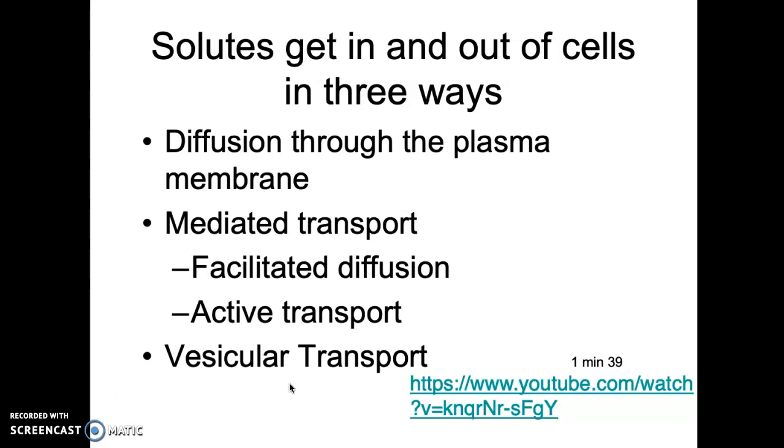If, for example, a white blood cell wants to engulf a bacteria and remove it from your system because it's attacking it, it's part of your immune system, how is it going to get a big bacteria into the inside of the cell? The bacteria is not going to diffuse. You can't use a carrier. You're going to just have to engulf it all and essentially just make it blast through that lipid bilayer and break it apart. And then it'll assemble back again.